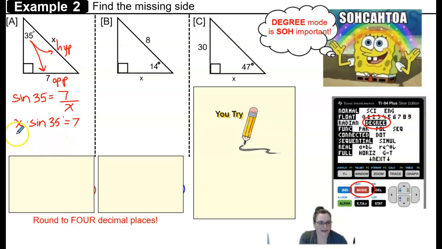And then to get the x by itself, we're going to divide both sides by the sine of 35 degrees. So x is exactly equal to 7 divided by the sine of 35 degrees.